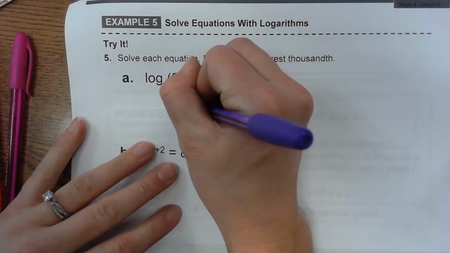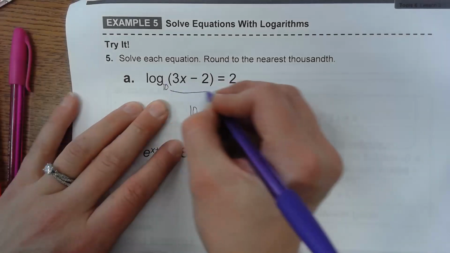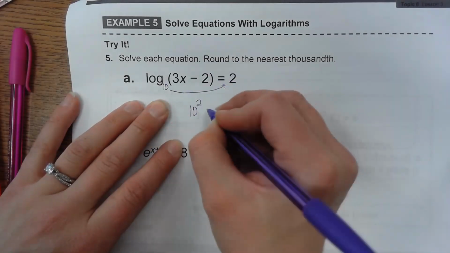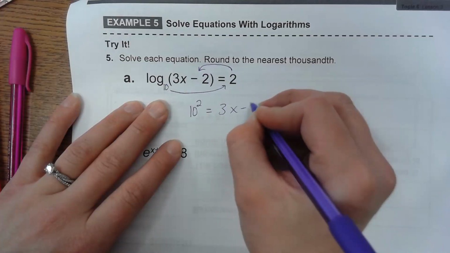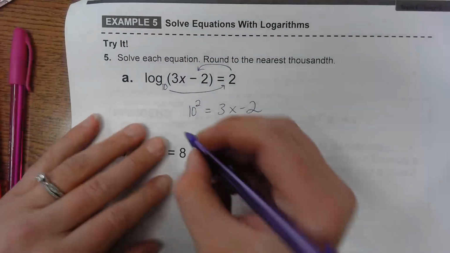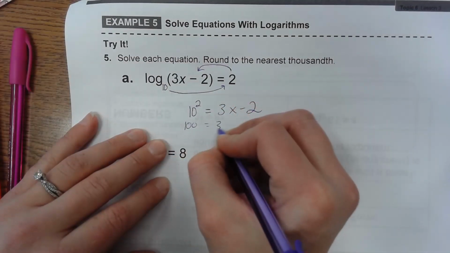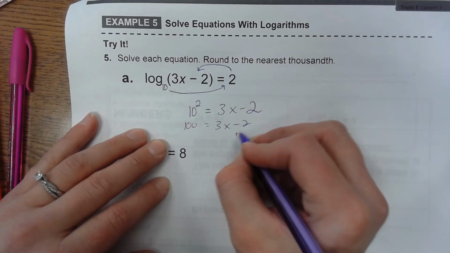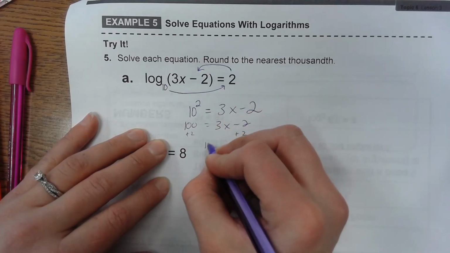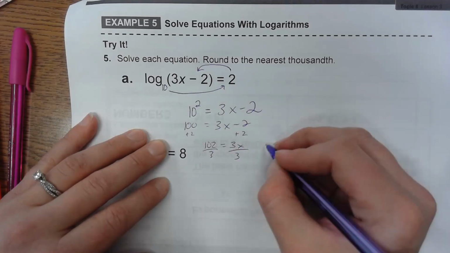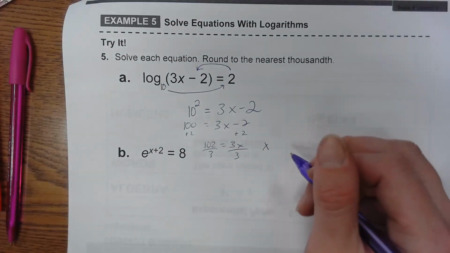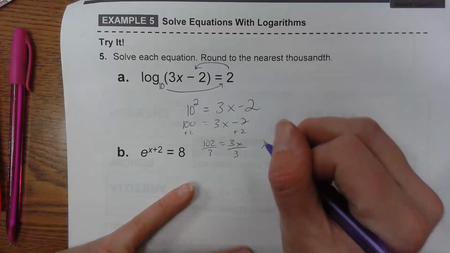So we should have 10 raised to the second equal to 3x minus 2. Well, 10 to the second is 100, and now it becomes back to algebra 1 where I'm going to add 2, divide by 3, and we get x to equal 34.